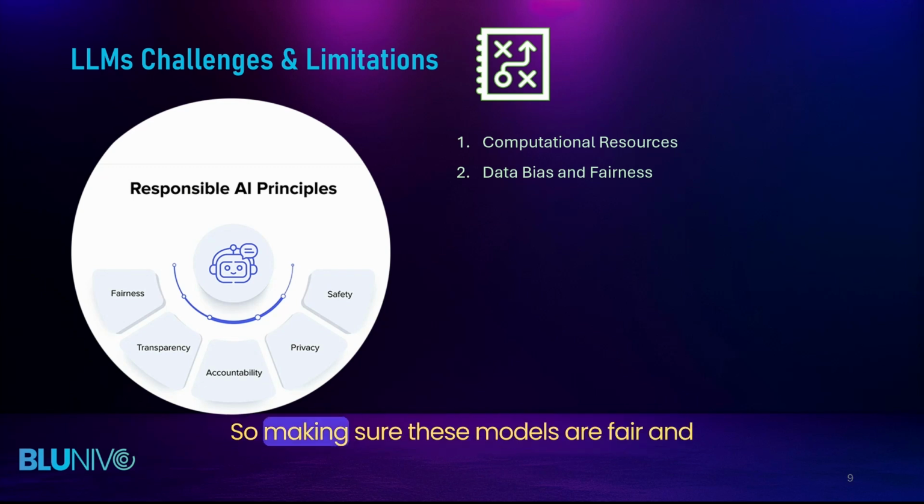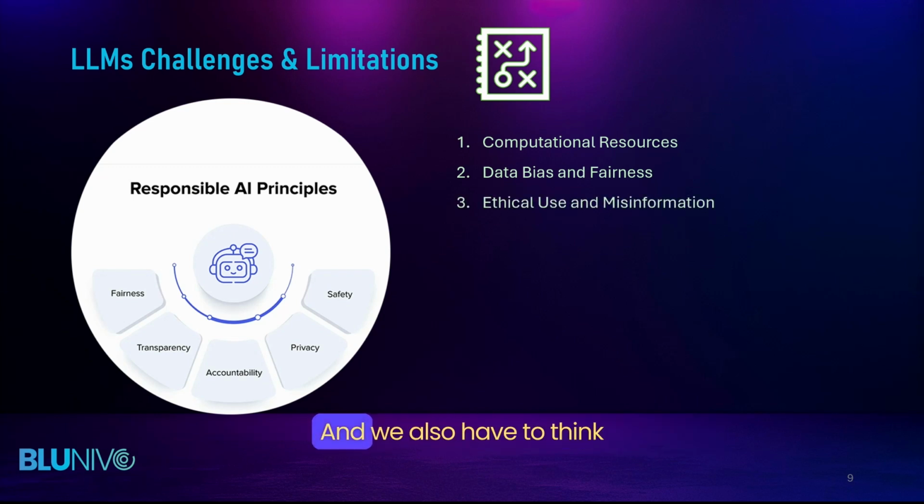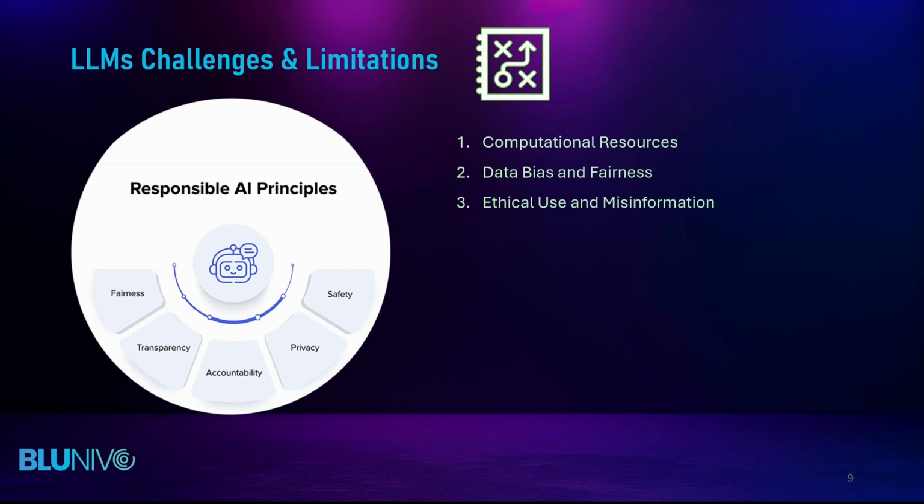So making sure these models are fair and unbiased could be a continuous challenge. And we also have to think about the ethical use of LLMs. They can create very convincing text, which again can be used to generate fake news, for example, or harmful content.